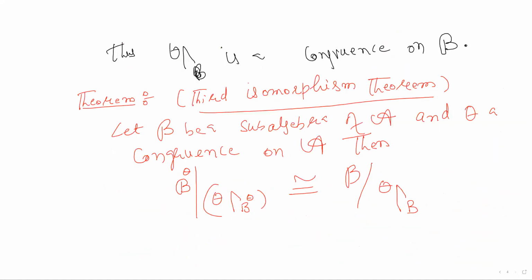So if it is a congruence, then I can take the quotient algebra here. And this congruence, this algebra and this algebra, the theorem says that these two algebras, they are isomorphic. Okay. Now let us see the proof.